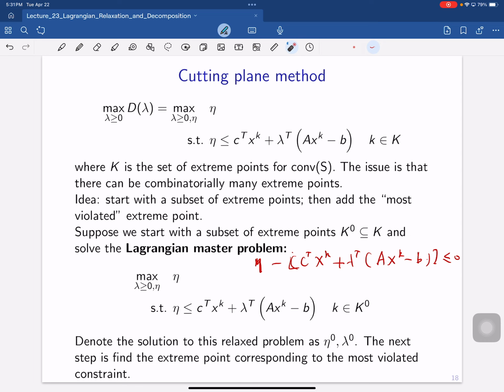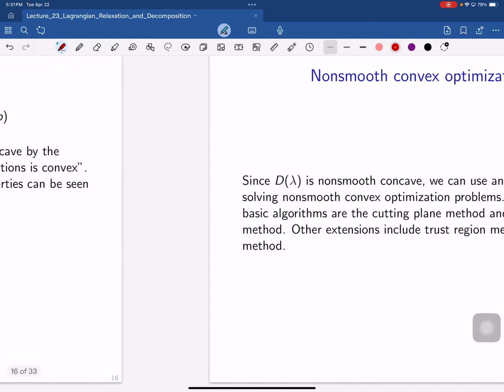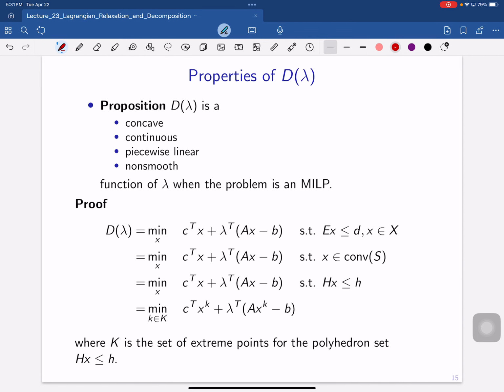Okay, so in order to find the most violated constraint, you might want to recall where those extreme points come from. If you go back a few slides, the extreme points of this constraint come from the original constraint you did not dualize. The extreme points are the convex hull of the original constraint; in other words, they are feasible for the original constraint.